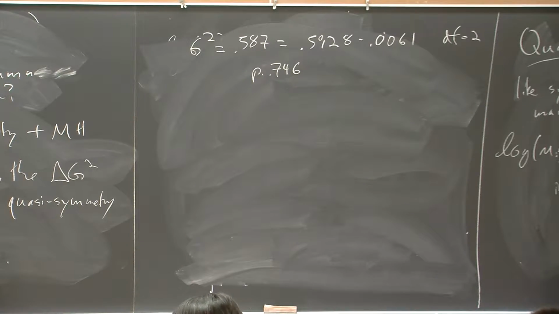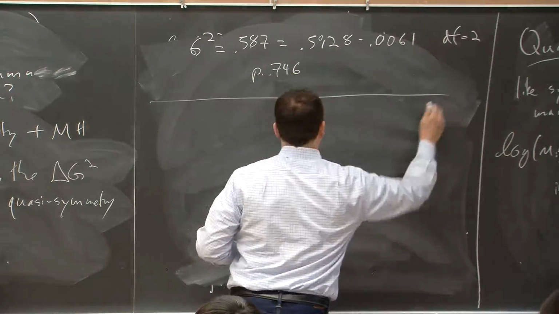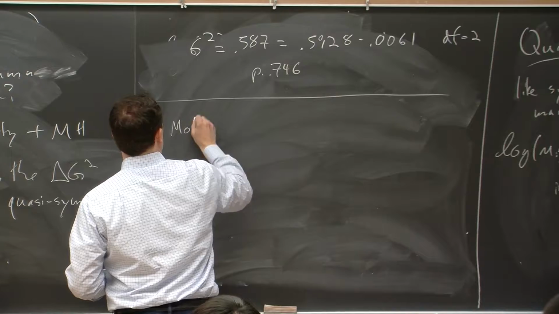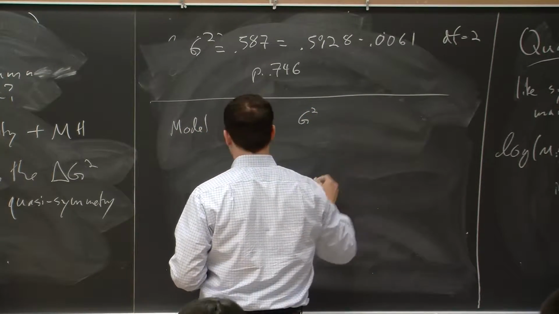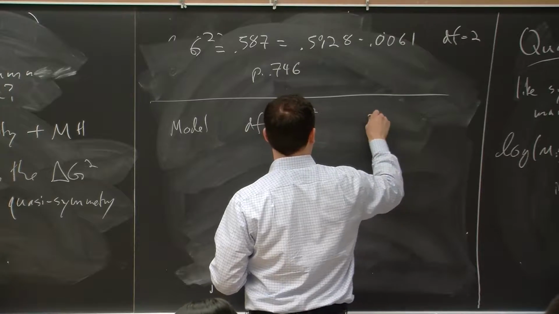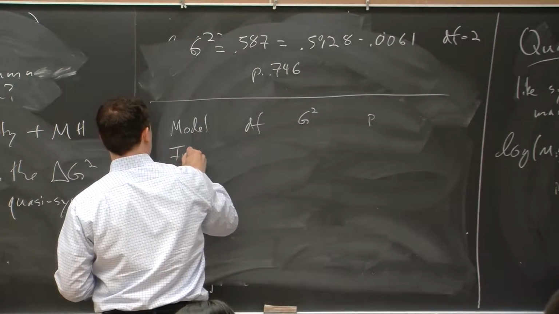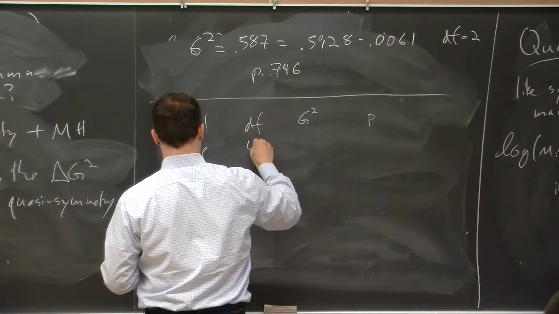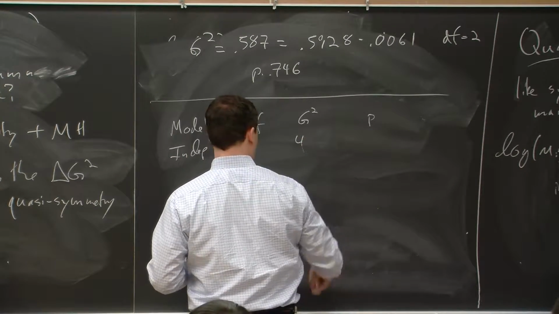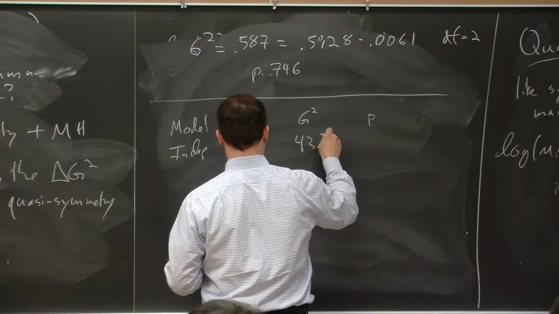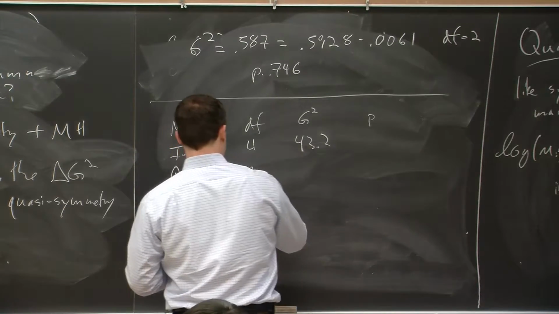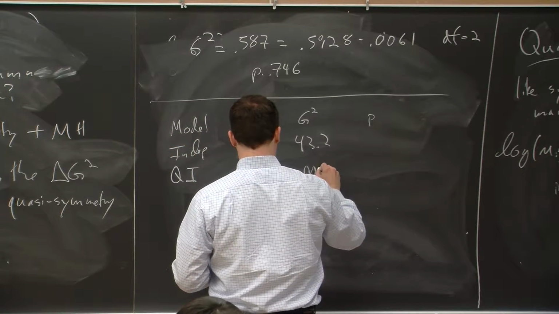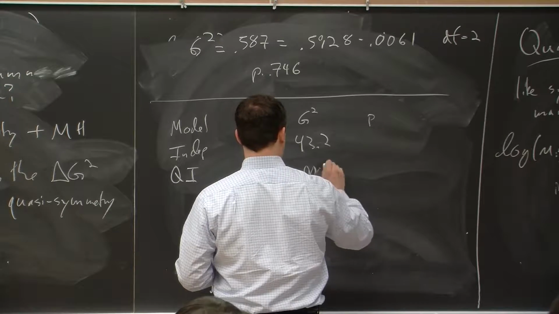Let me just do a summary table, and we'll stop this. Okay. Model, degrees of freedom, G squared, p-value. So we have an independence model on 4 degrees of freedom, which fits terribly. We have a quasi-independence model, which is on 1 degree of freedom and fits suspiciously well.